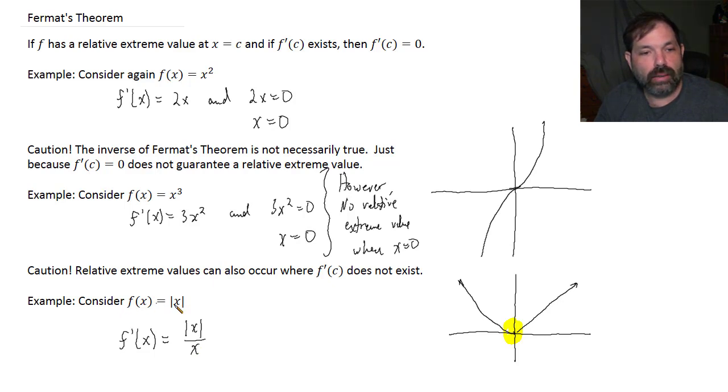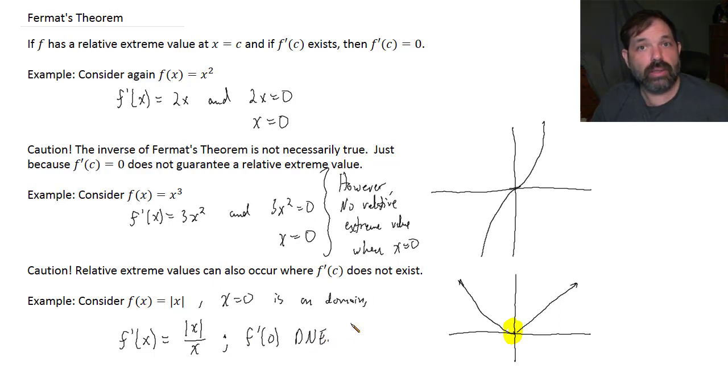Now, notice that if f of x is the absolute value of x, x equals 0 is in the domain, but f prime at 0 does not exist.